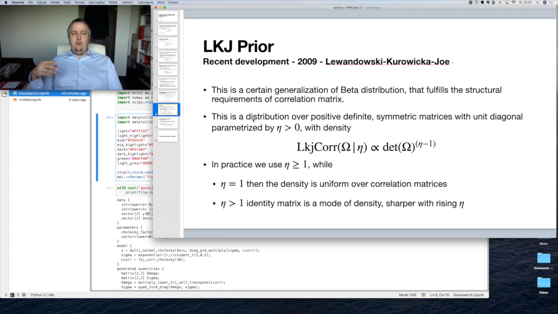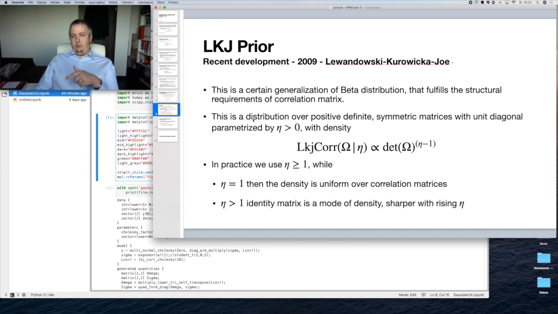So this is a relatively recent development. This prior was developed in 2009 with an entire class of methods, and generally this is the distribution of positive definite symmetric matrices with unit diagonal, which are parameterized by the parameter eta, and it assumes a certain distribution of determinants of this matrix.